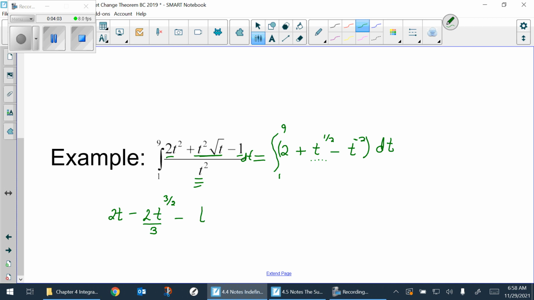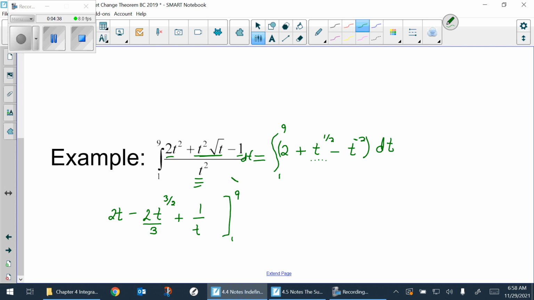I'm going to say t to the negative 1 over negative 1. And if I'm going to divide by a negative 1, that's going to essentially turn this into a plus sign. And then I want to evaluate this between 1 and 9. It may be helpful for me to refer to this t to the negative 1 as 1 over t.